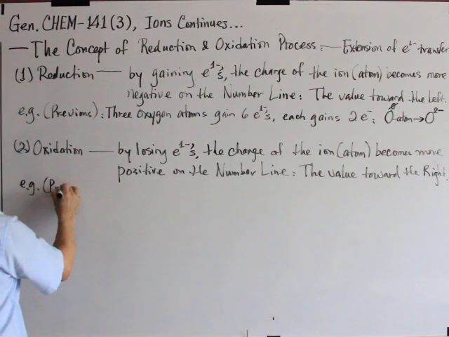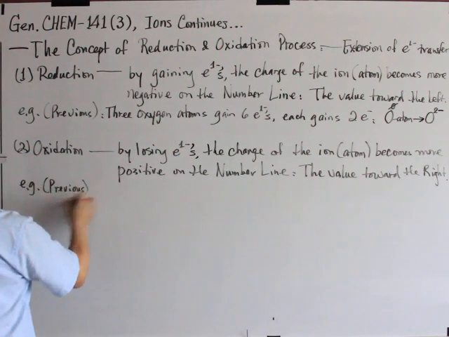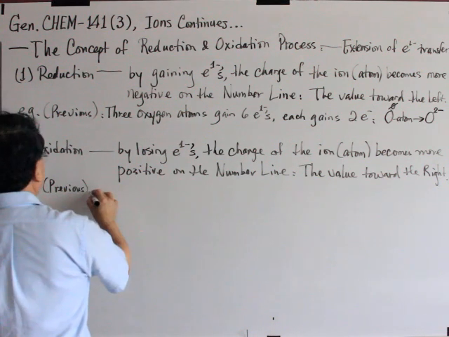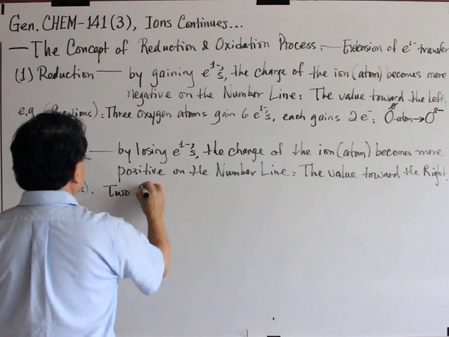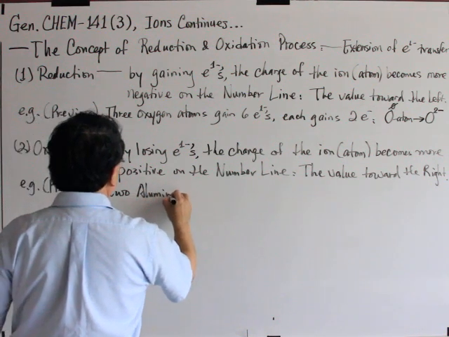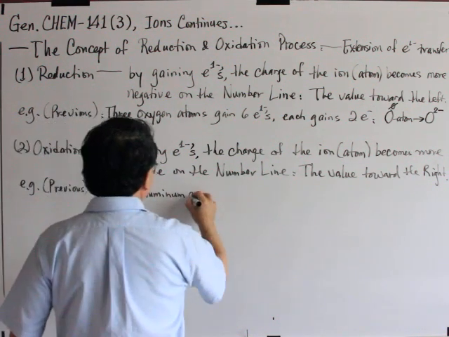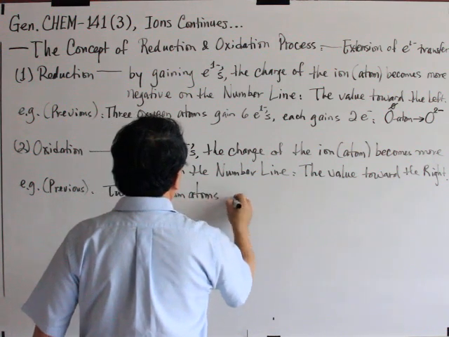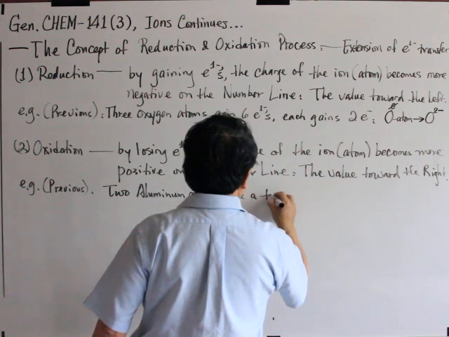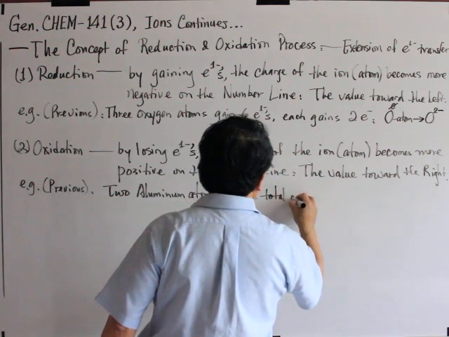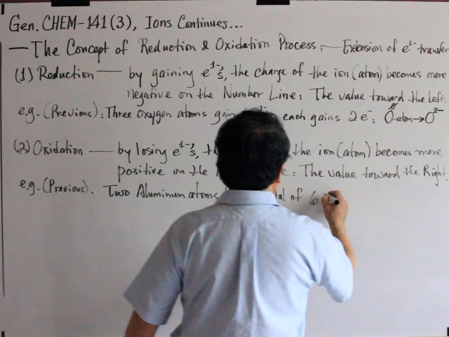All right. And then here for aluminum, also in the previous example, the 2 aluminum atoms lose a total of 6 electrons, right?